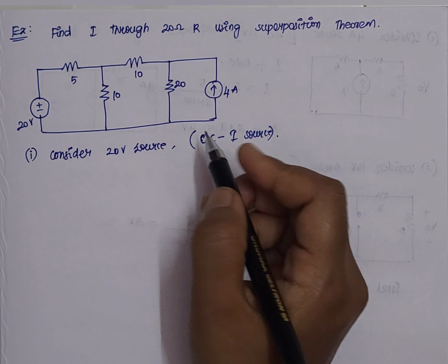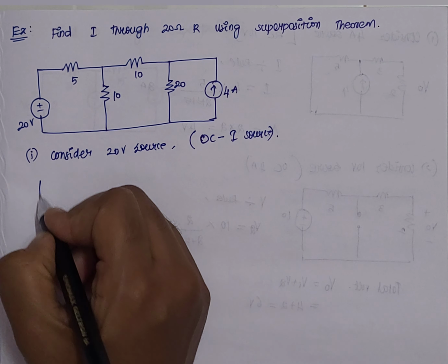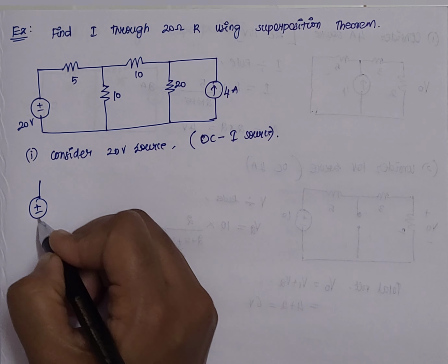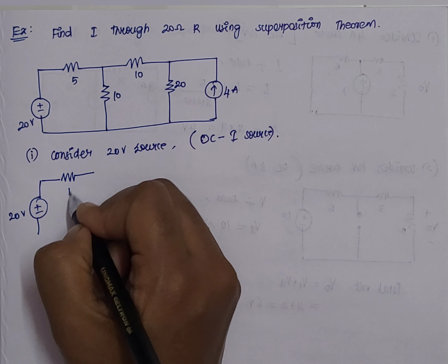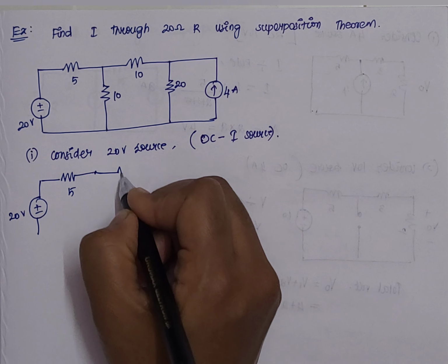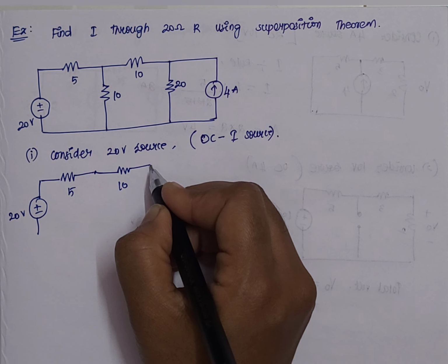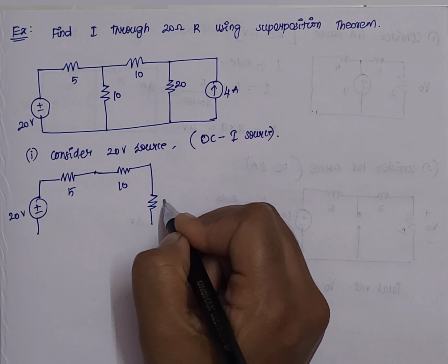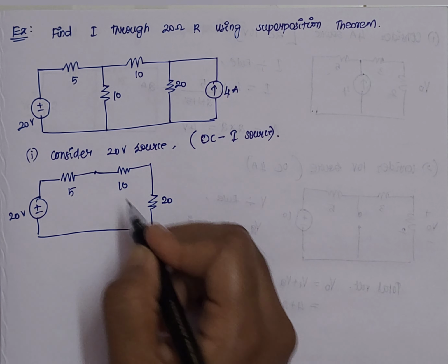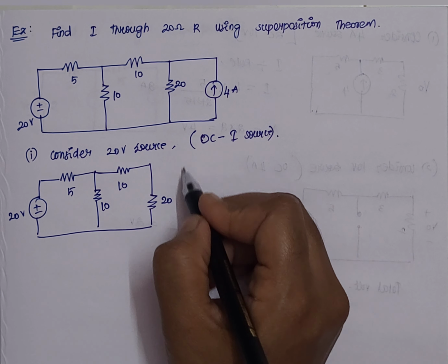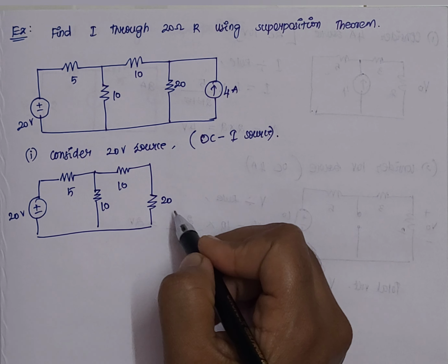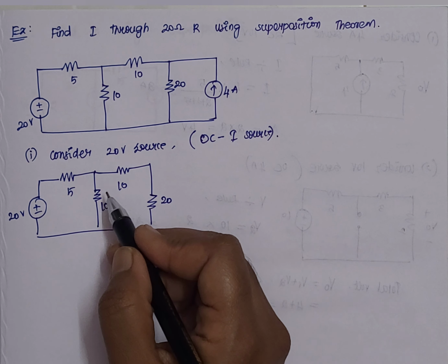If you open circuit, you will get the minimized circuit as, first, a supply of 20 volt followed by a 5 ohms resistor. Again we have a 10 ohms resistor, a 20 ohms resistor, and in between a 10 ohms resistor. Here it will be open circuited, so we can neglect that.